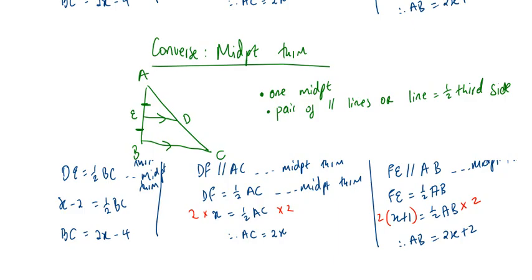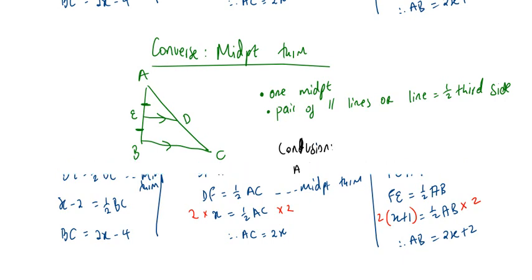right? If you have any of those situations, what will be your conclusion? Your conclusion will be to say AD must also be equal to that, meaning that you must have another midpoint. That will be your conclusion, to say D is also a midpoint. That's the conclusion.